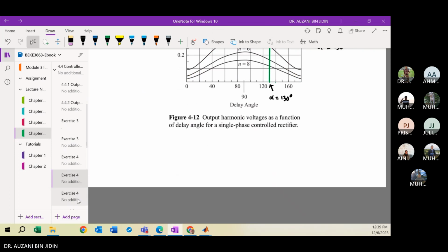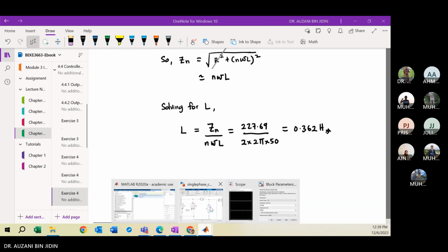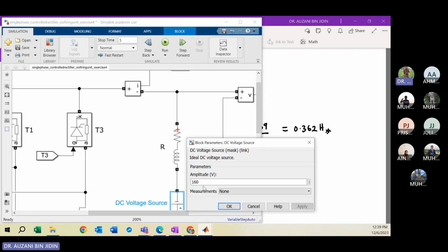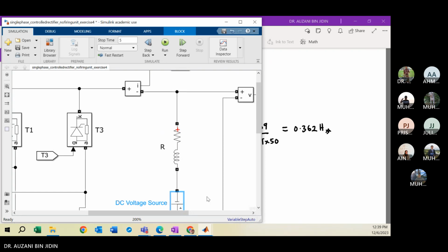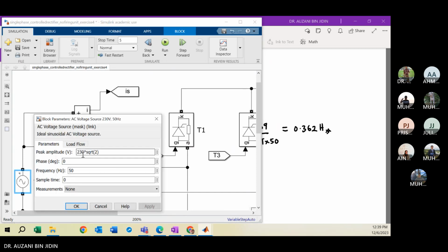Here 362. Then your DC voltage is 160 volts from the question. Then your source in RMS is 230, so you need to multiply by root 2 because this parameter box requires amplitude.